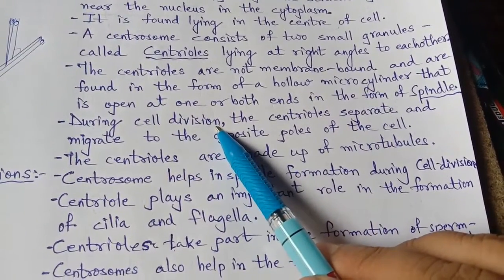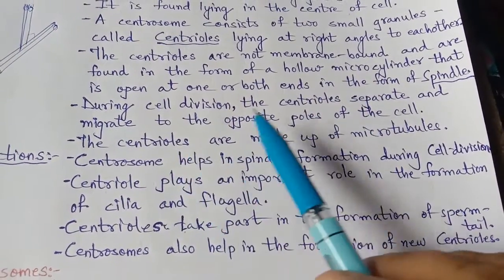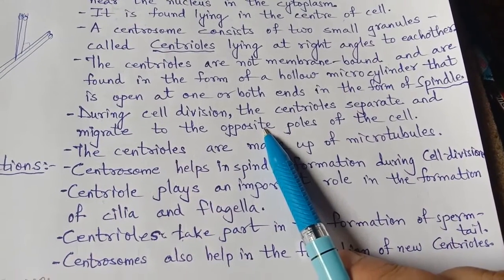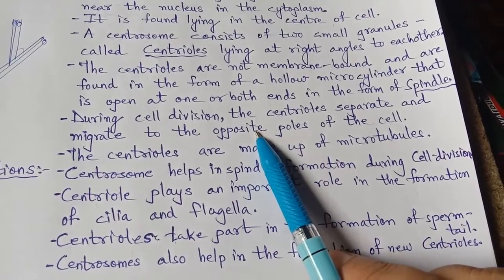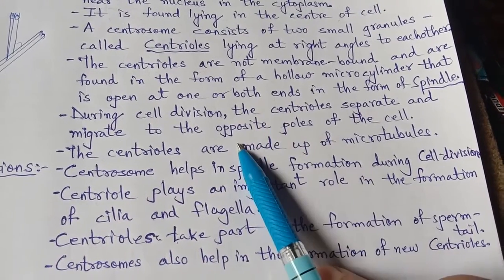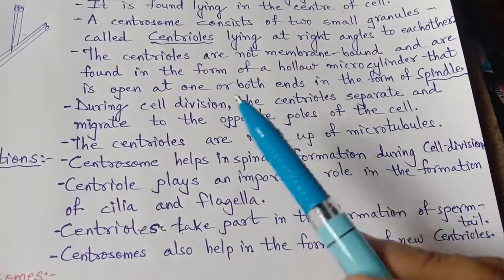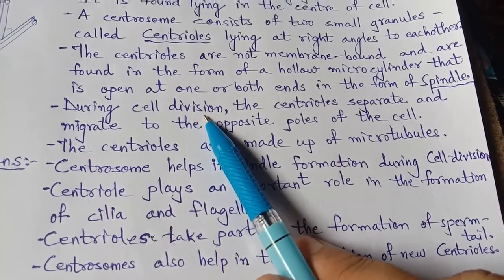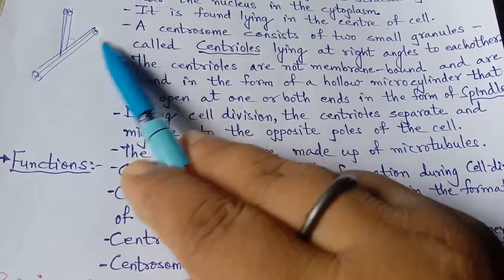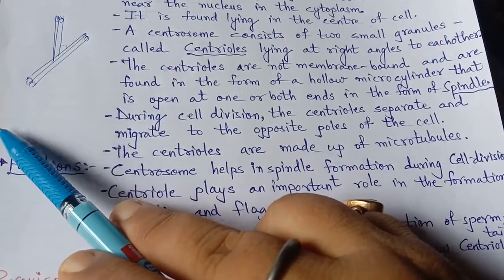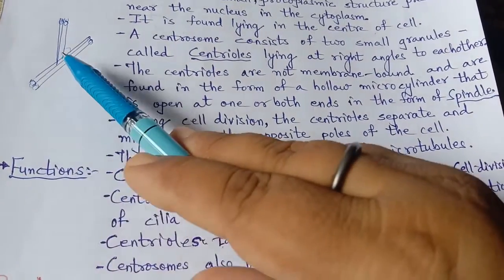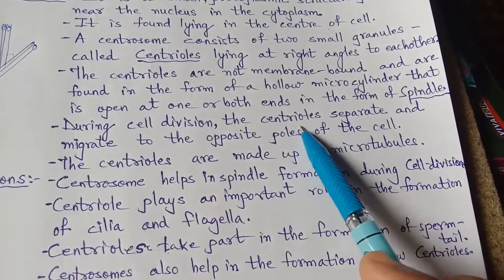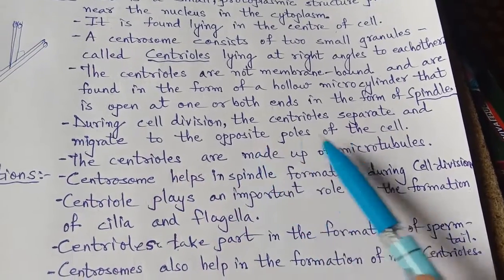During cell division, the centrioles separate and migrate to the opposite poles of the cell. See, in plants already polar caps are there, top and bottom. So there is no necessity of centrioles there. But here, when a parent cell divides into smaller daughter cells, that means when cell division takes place, this centriole separates and one part goes to one pole and another part goes to the other pole.